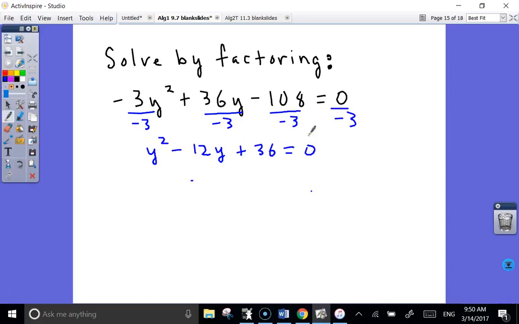Okay, so what are the factors of 36 that add up to negative 12? Factors of 36 that add up to negative 12. Negative 6, negative 6. (y minus 6) squared equals 0. Okay, now what are the solutions?